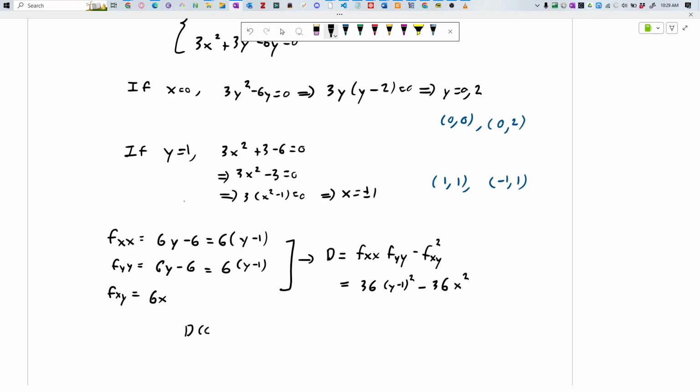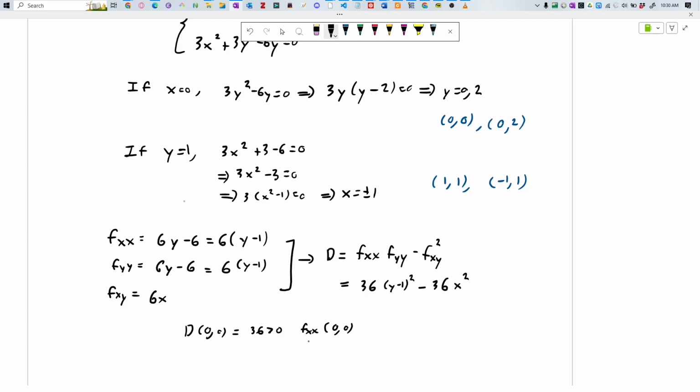So D at 0, 0. You get a 1 here, you get a 36 minus 0. Okay, so that's positive, which means that we need to plug the point into one of the second derivatives.